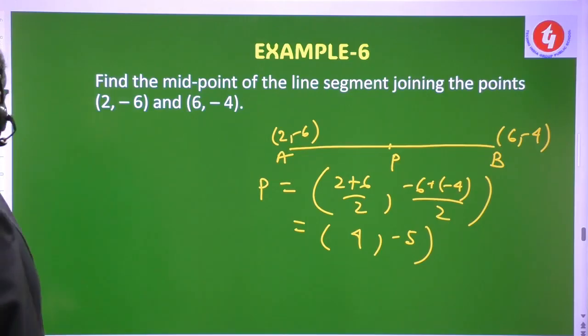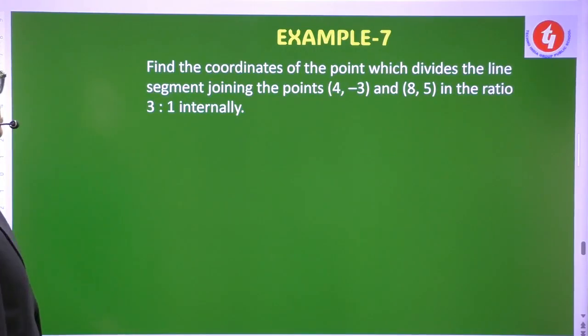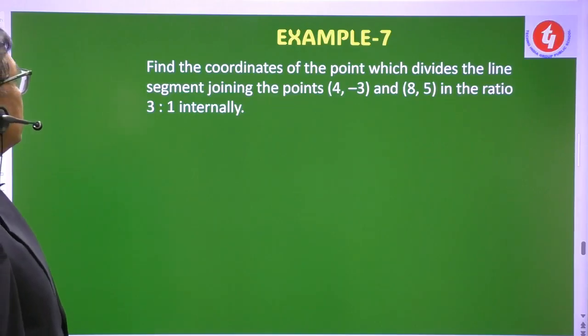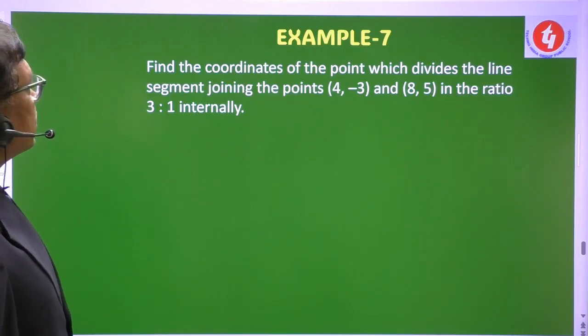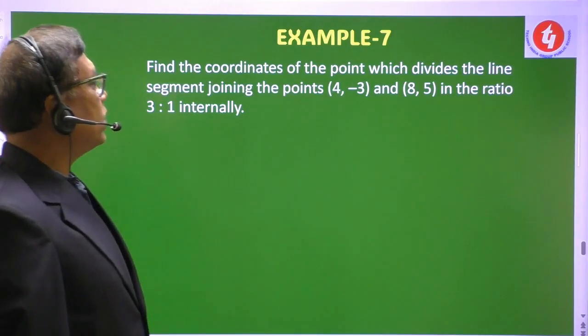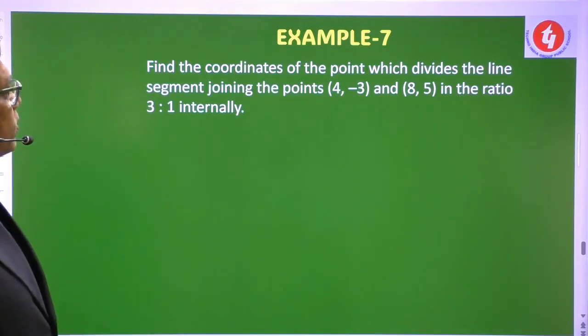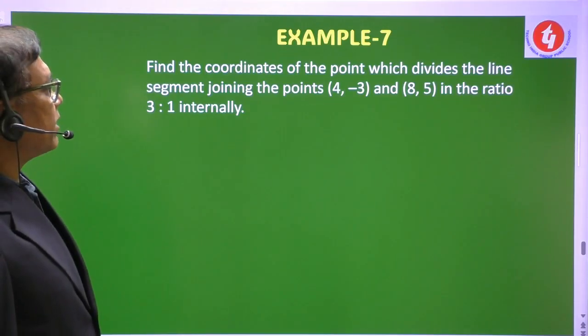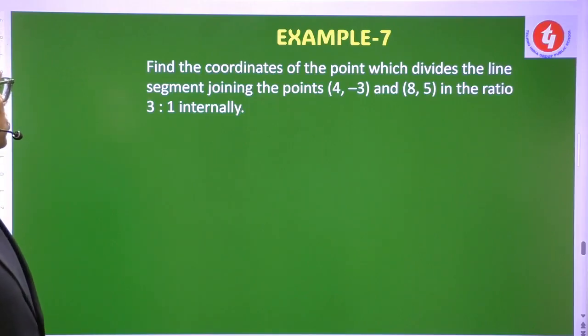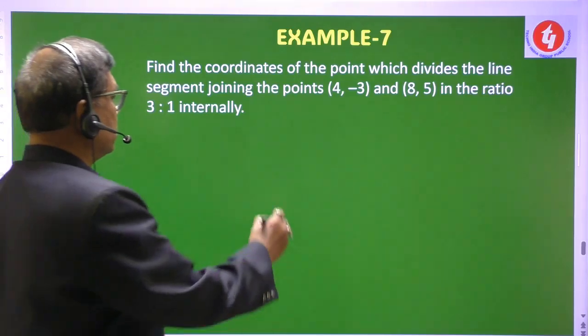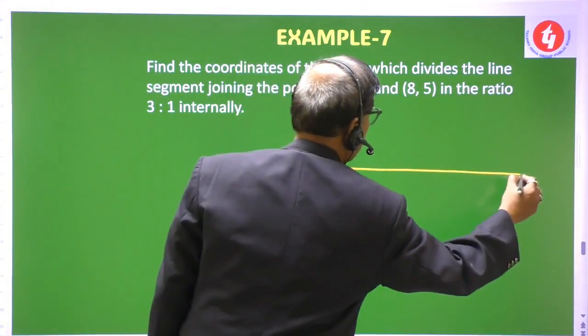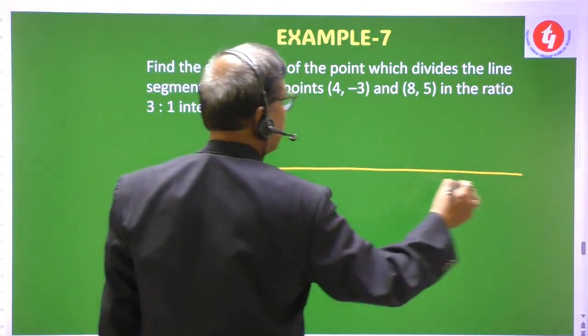Okay. Now I will discuss example number 7. Find the coordinates of the point which divides the line segment joining the points (4, -3) and (8, 5) in the ratio 3:1 internally. So again I am drawing one segment, say AB.